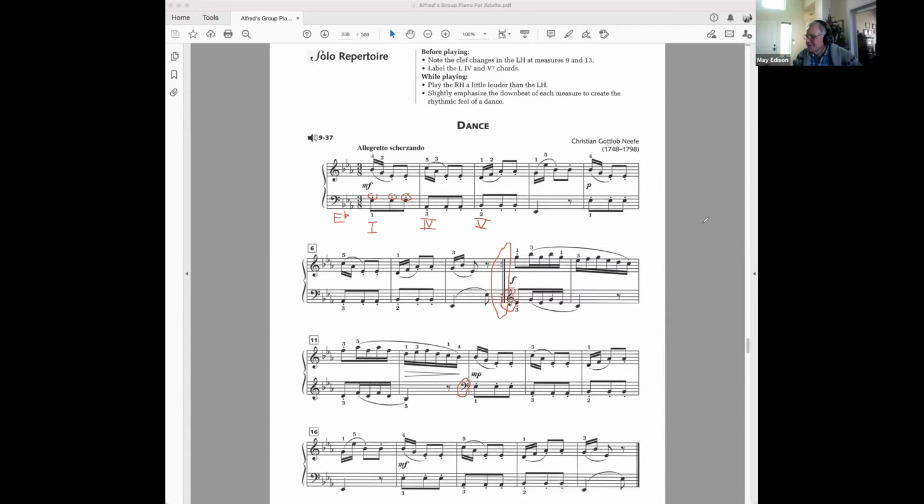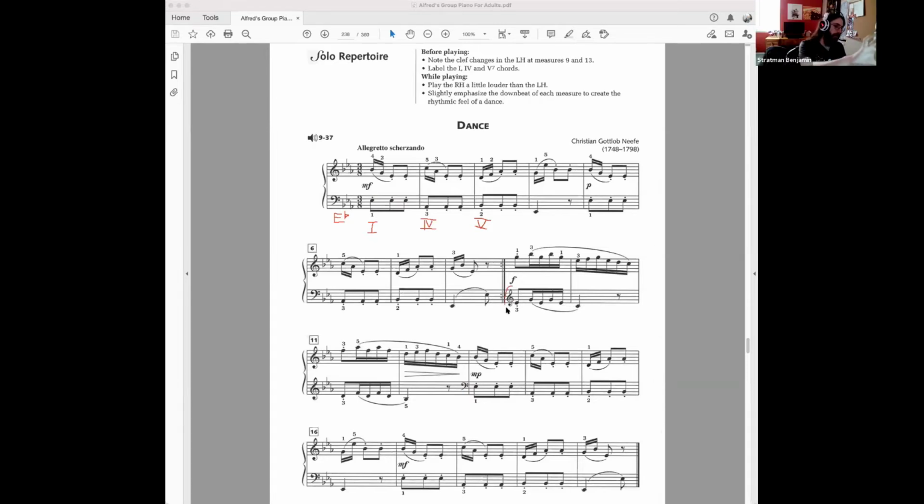I mean, that's weird. No, because they want you to not change clefs until you get to that side. They want you to change at the beginning of measure 9, not in measure 8. Does that make sense? Well, yeah, but then I would expect to see it in measure 9. You do.